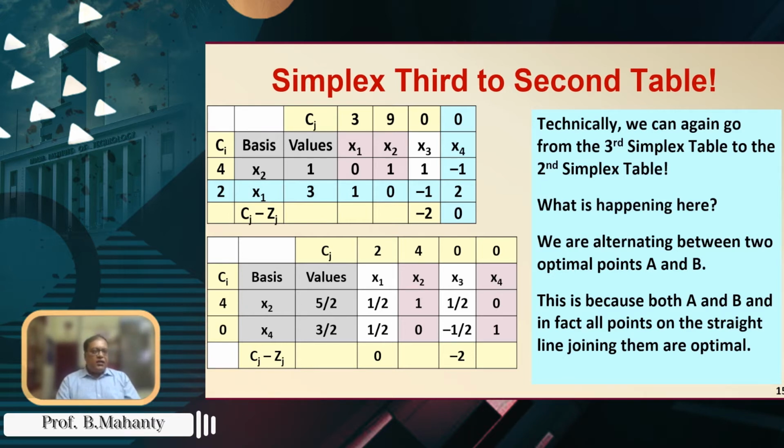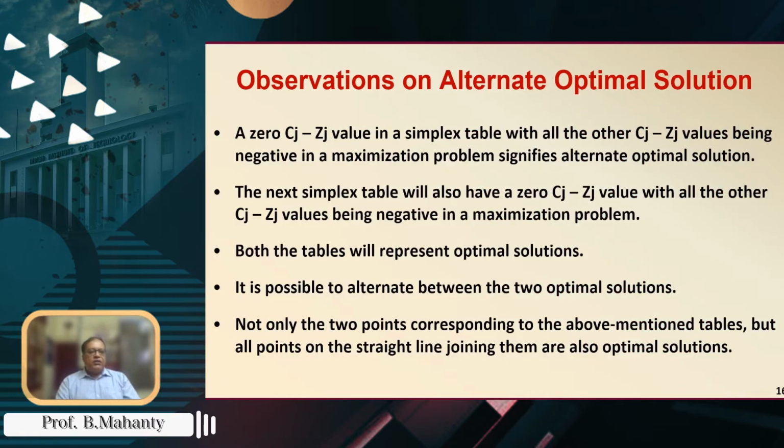Right. So once again, if we summarize the observations on the alternate optimal solution, a 0 Cj minus Zj value in a simplex table with all the other Cj minus Zj values being negative in a maximization problem signifies an alternate optimal solution. So the key here is a 0 Cj minus Zj value in the optimal simplex table.